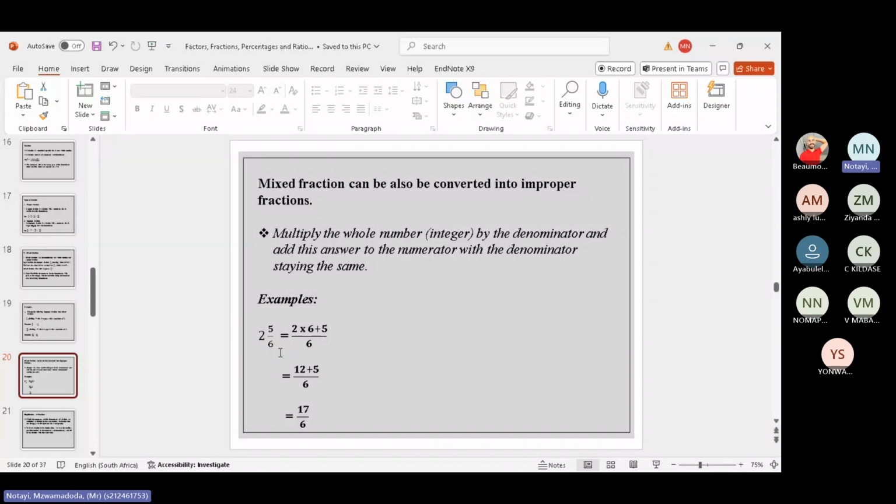So 2 times 6 plus 5, divided by 6. So we get 2 times 6, which is 12, plus 5, divided by 6, is equal to 17/6.